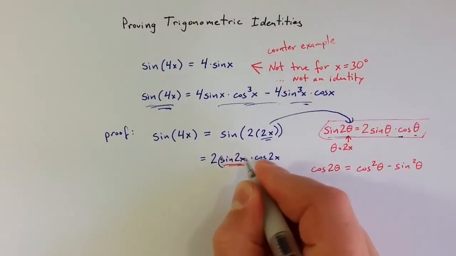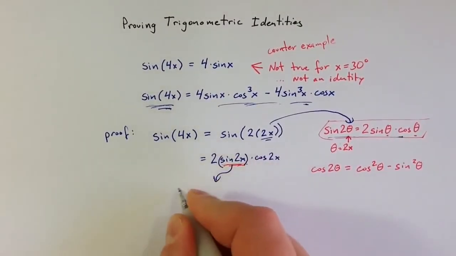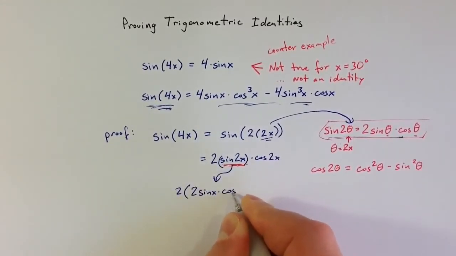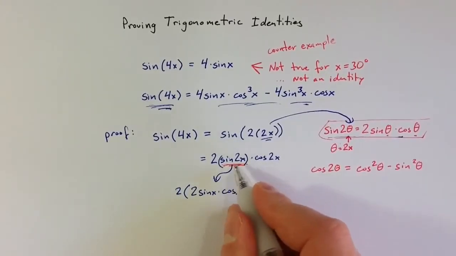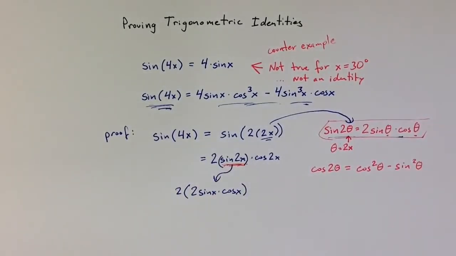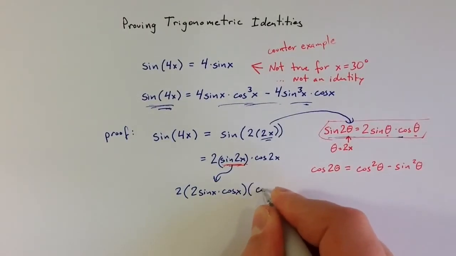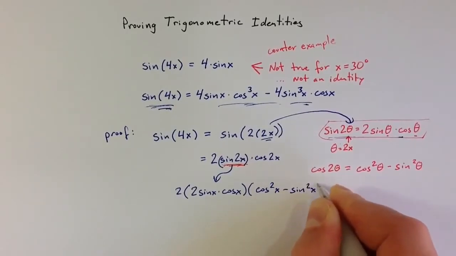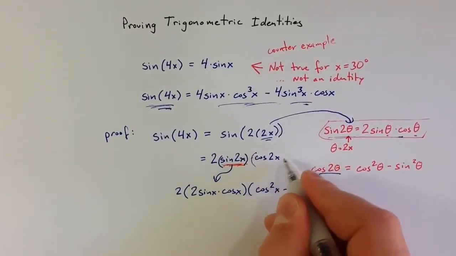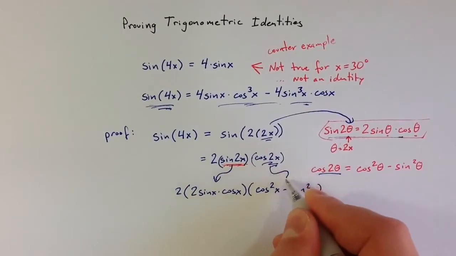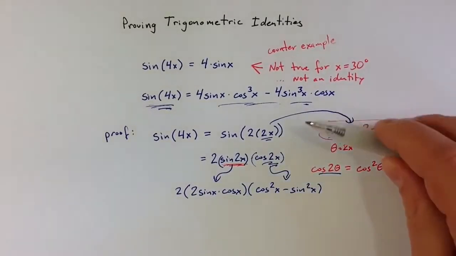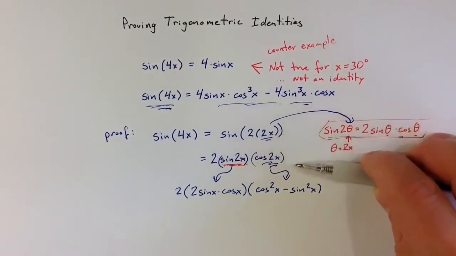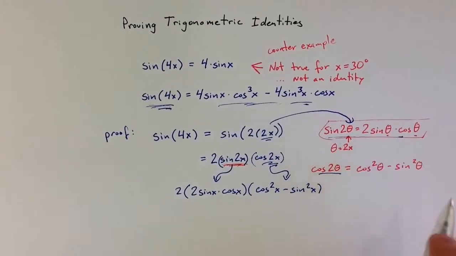So from this first expression, this becomes 2 times 2 sine of x times cosine of x, using the double angle identity for sine to replace that sine of 2x, times cosine squared x minus sine squared x, using the double angle identity for cosine to replace that cosine expression. Each of these steps so far has been, I hope, pretty clear, that we can make the jump from one to the next using the identity rules that we know.